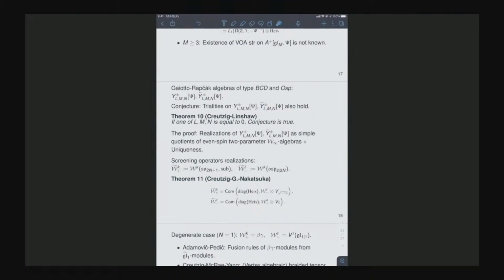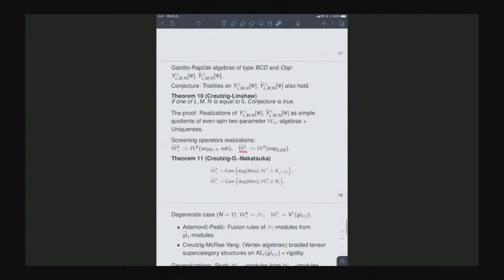We study a special case: the subregular W-algebra of SO(2n+1), which we denote W plus, and the principal W-superalgebra of OSP(2|2n), which we denote W minus. We can prove, using the same argument, that these algebras have a nice screening kernel realization and satisfy dualities.